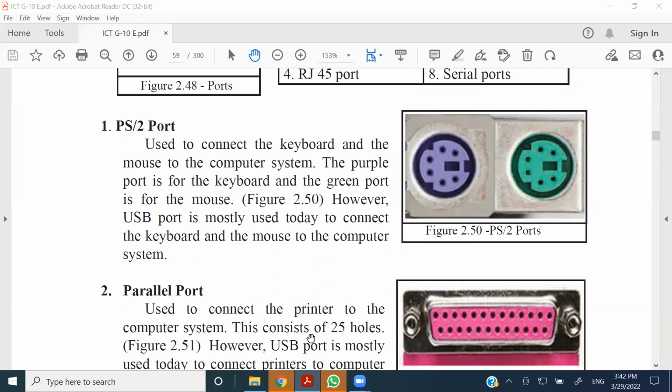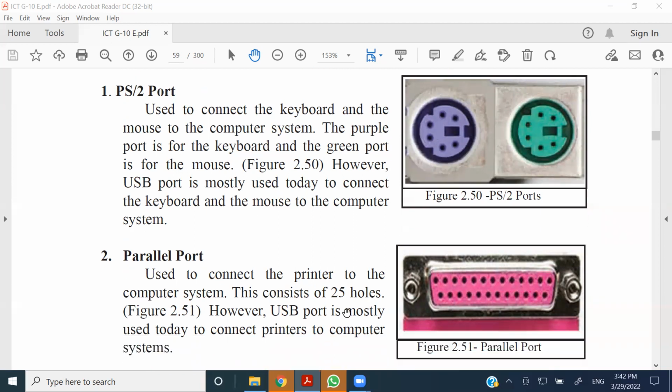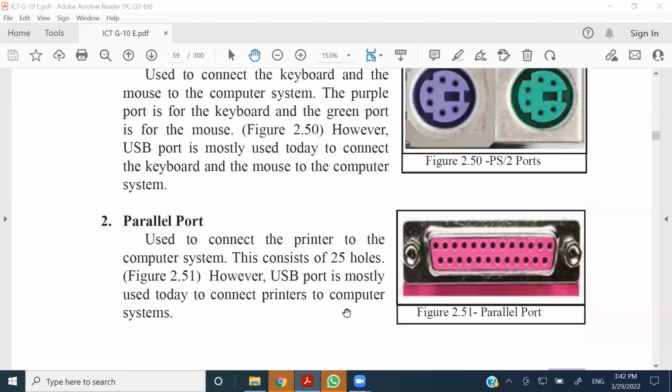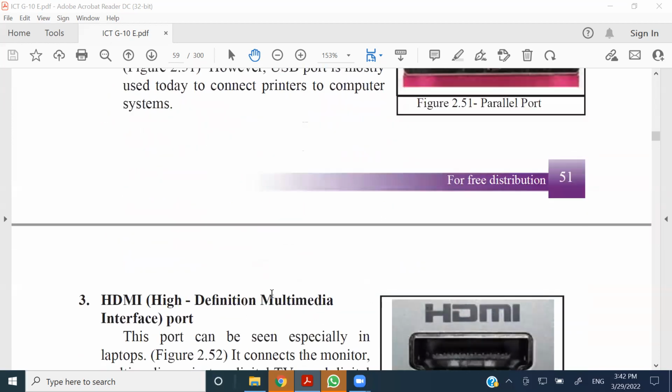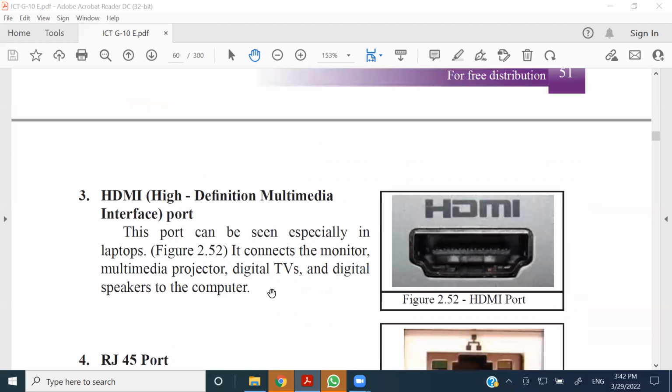And again, the parallel port, you can still find at the back panel of desktops, right? We used to have that parallel port to connect printers and similar devices. But again, modern printers are configured to connect with USB. USB is given the name Universal Serial Bus, right?